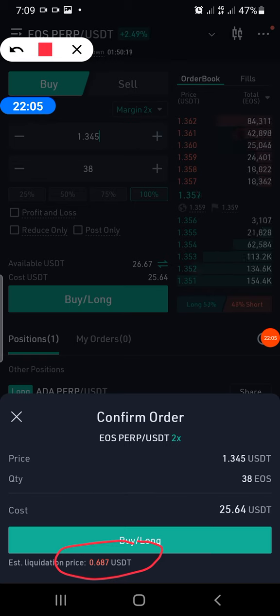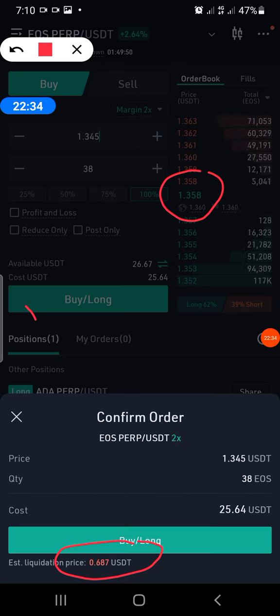Remember, look at the initial price of this coin. Can you see the current price of this coin? They're telling you that if this coin reaches 0.687 USDT per one, they will liquidate me. Meaning that if the trade keeps going against me, and instead of going up, the price of the coin keeps going down and gets to this point, I will lose my $26.